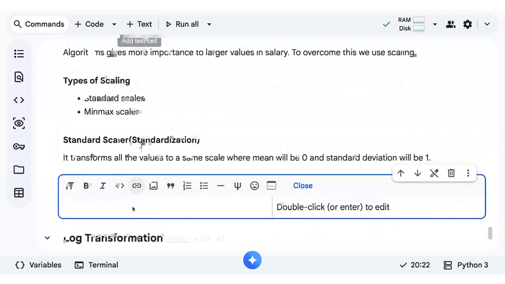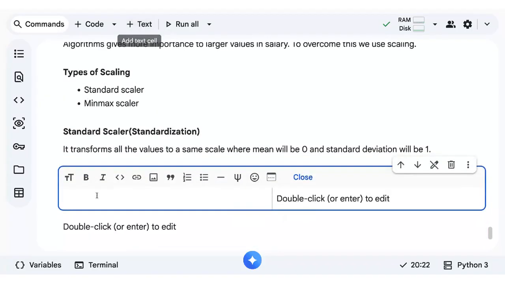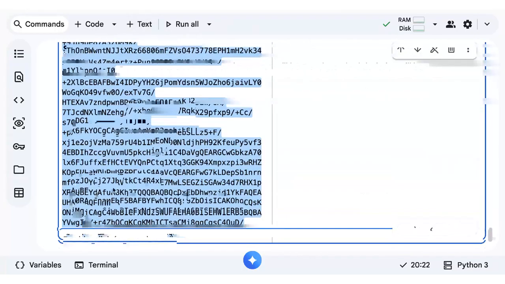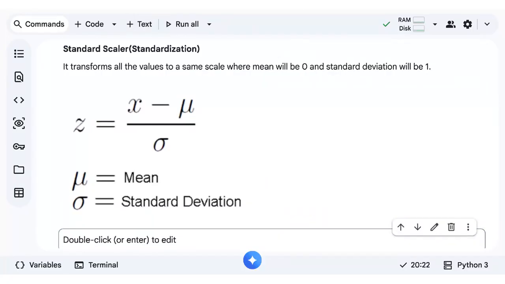It transforms all the values such that the mean will be 0 and standard deviation will be 1. This is the formula it is using: z-score formula, x minus mu divided by sigma. This is the formula it will be using for every row, bringing all the values to a same scale, where mu is the mean, sigma is the standard deviation.